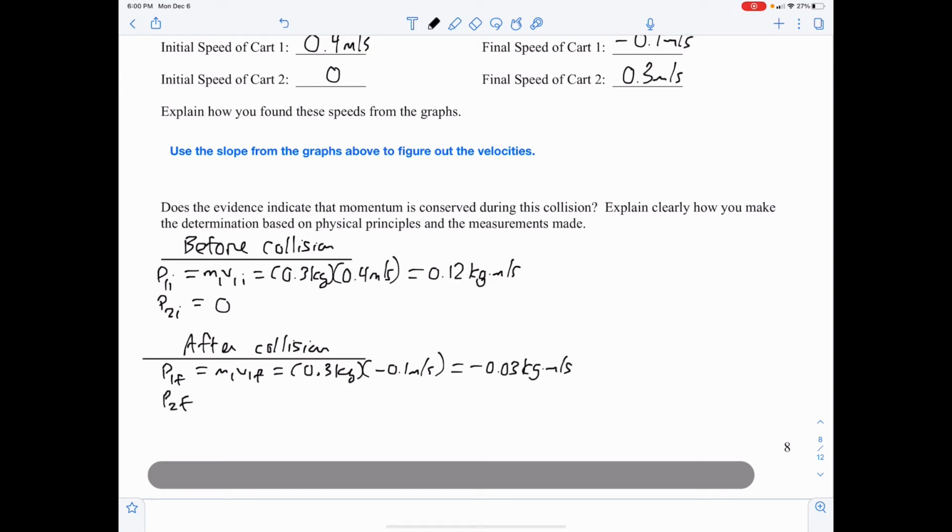And P2 final would be m2 v2 final, or 0.5 kilograms times 0.3 meters per second, or 0.15 kilograms meters per second. And of course, if you add those two together, what do you get? P final equals 0.12 kilograms meters per second.